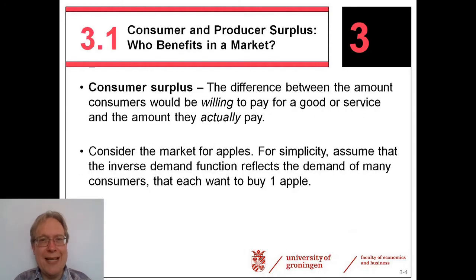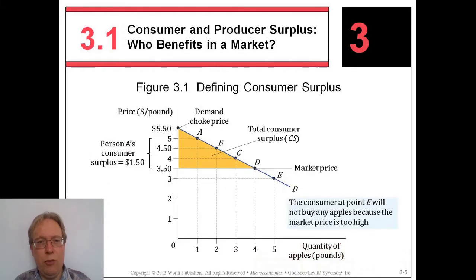So first of all, we need this measure, right? That measure is going to be something that we call consumer surplus. Okay, here's how that works. Let me move it immediately to the next slide. Suppose that we have a demand function. This is the demand function for apples in this case. And, well, there's a choke price at $5.50 and it slopes down, all nice.